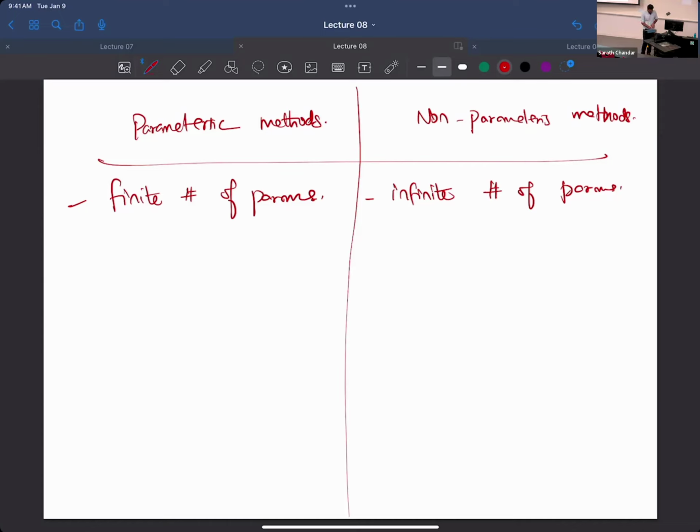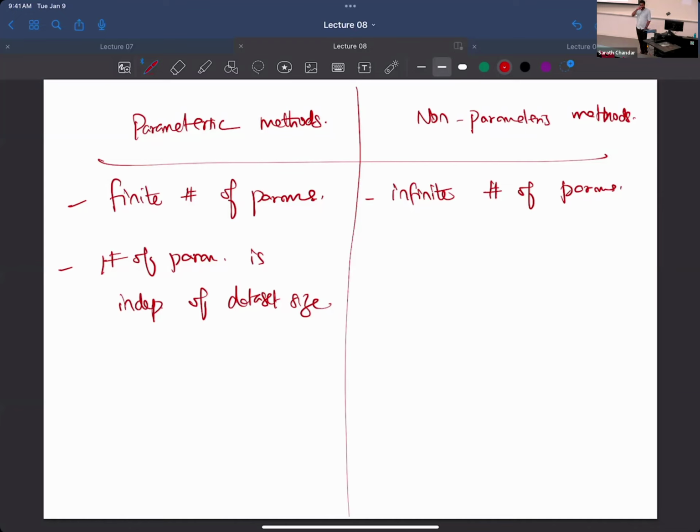Okay, which brings us to the second distinction, which is that for parametric methods, the number of parameters is actually independent of the data set size. Which is actually a nice thing about parametric methods. For example, let's take logistic regression. If I have 100 features, the logistic regression is going to have 101 parameters, right? The features plus the bias.